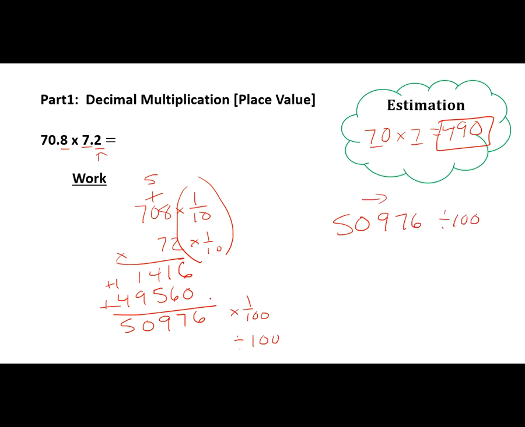That means that all digits are going to shift 2 place values to the right of the decimal point. 6 hundredths, 7 tenths, 9, and 500. So 50,976 divided by 100 is 509 and 76 hundredths, which is close to our estimated answer.